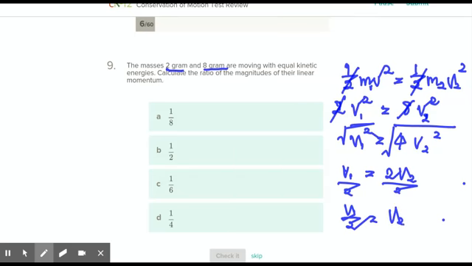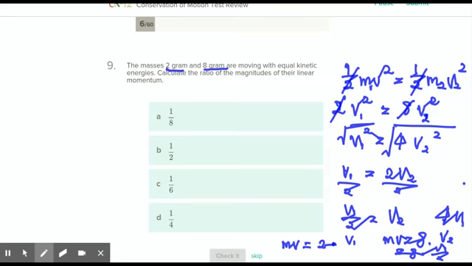All right, now you plug in the ratio of momentum. So momentum is mv, right? So your first m is 2 grams times v1. Okay, and the second one is mv, which is 8 times v2, but it's also equal to 8 times v1 divided by 2, which is 4 v1.